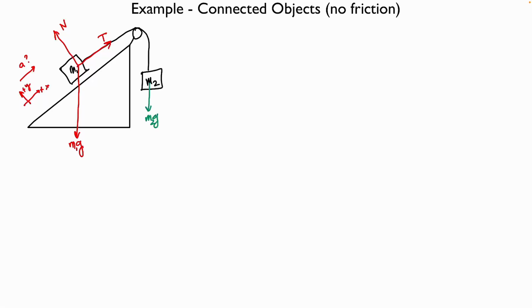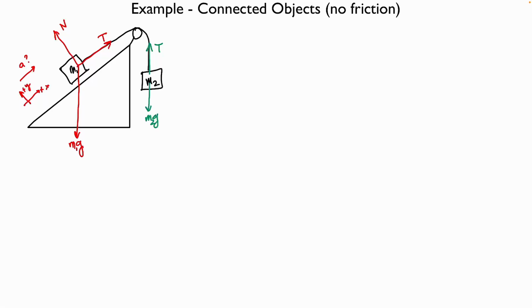Another object is pushing or pulling. Emphasis on pull. There is the string. Acting which way? It can only pull, and so that means it can only pull upward. And you'll notice there that I also said that that was T. When you have a massless, frictionless pulley, a pulley that's not affecting the system in any way other than to change the direction of the tension, that means the tension is the same.